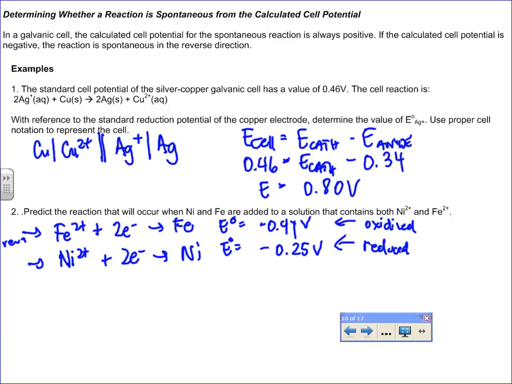So the iron is going to be oxidized. To write the reaction that's going to occur, we're flipping the first reaction and adding it to the second reaction. And in this case, I don't need to do anything with the electrons. They're already balanced.